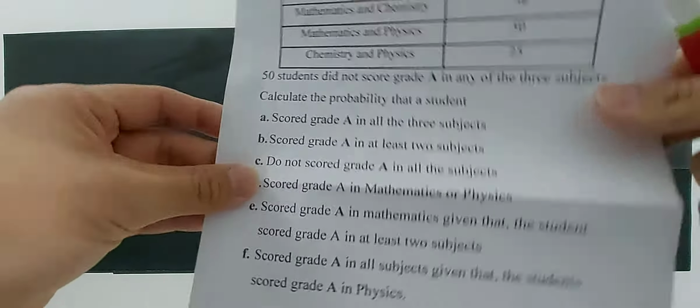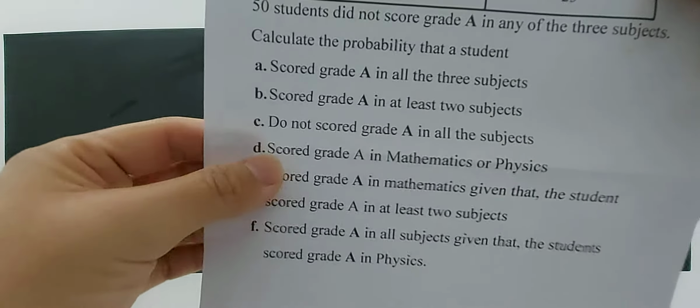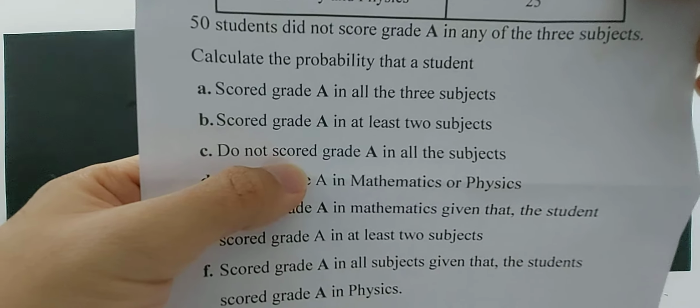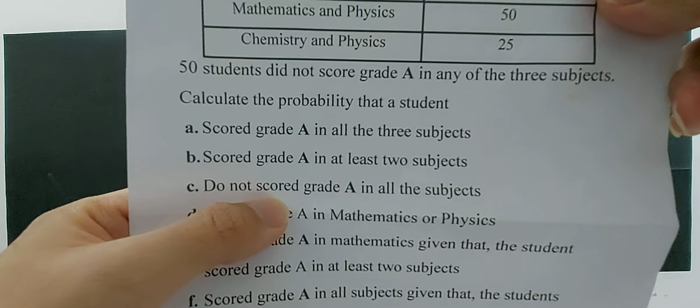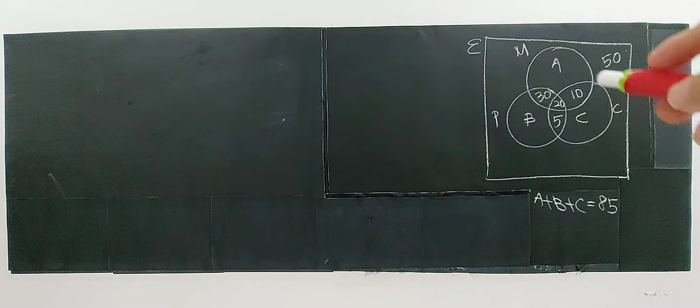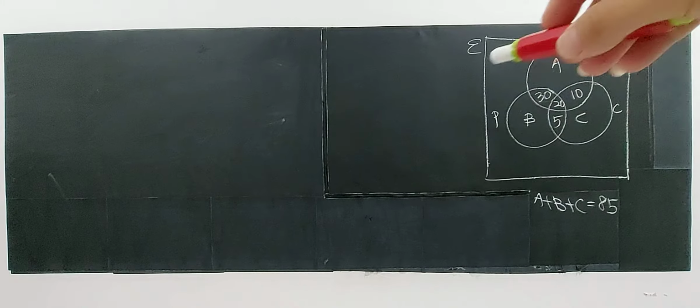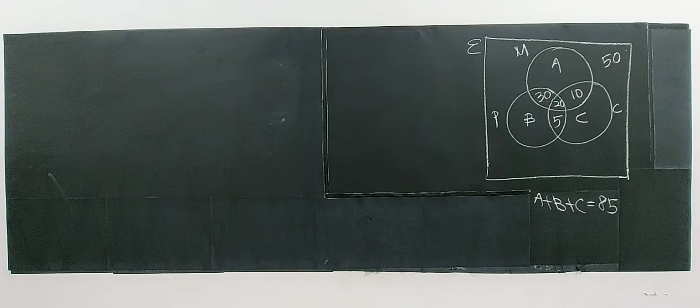Okay, so let's look at the next question. C. Do not score grade A in all the subjects. Do not score grade A means it's not inside set M, set P, and set C. It's outside. It's 50 of them.